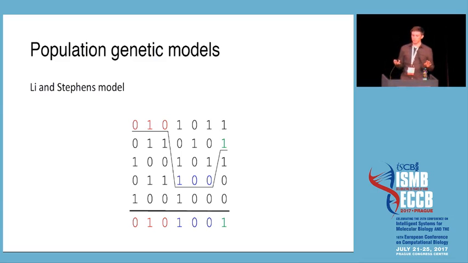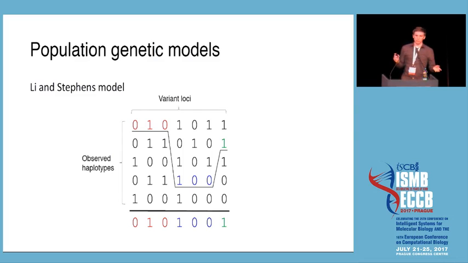And the main simplification that they make is they assume we have a set of previously observed haplotypes that we treat in some abstract sense as the population. So here I'm depicting the haplotypes as rows in this binary matrix, where the columns are variant loci.